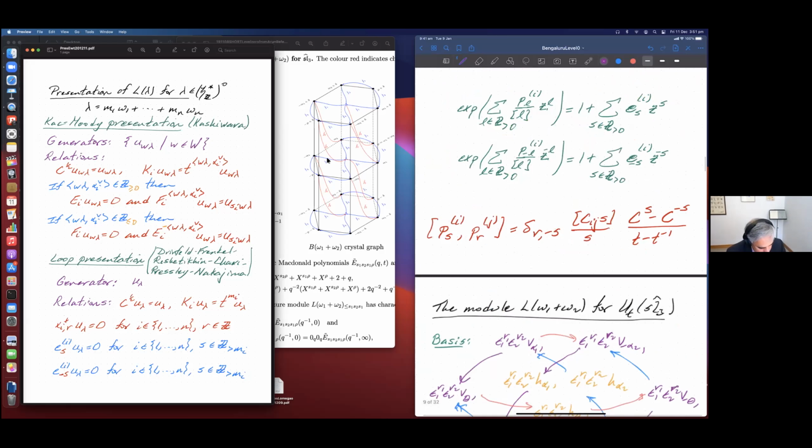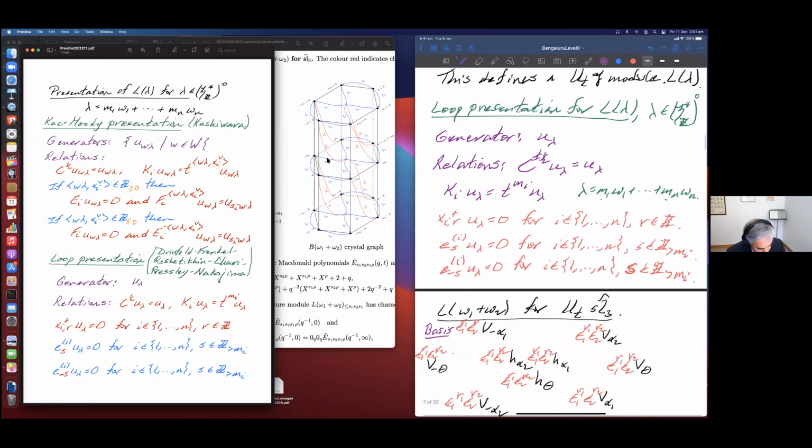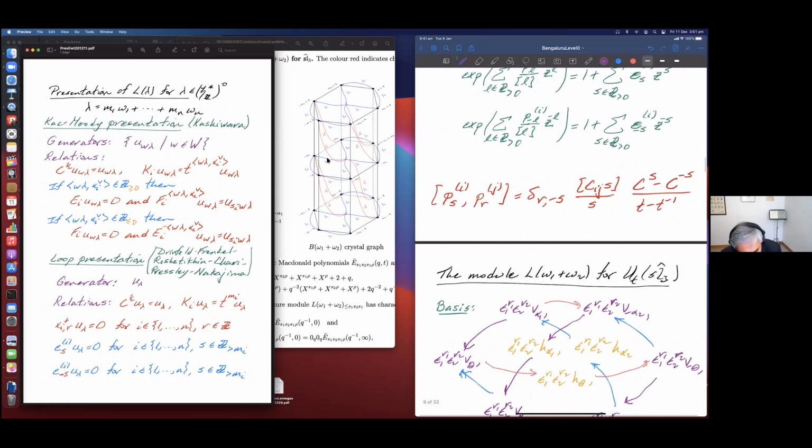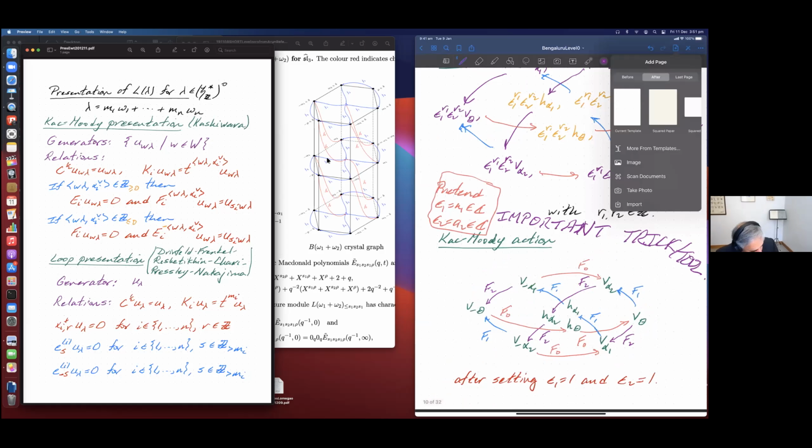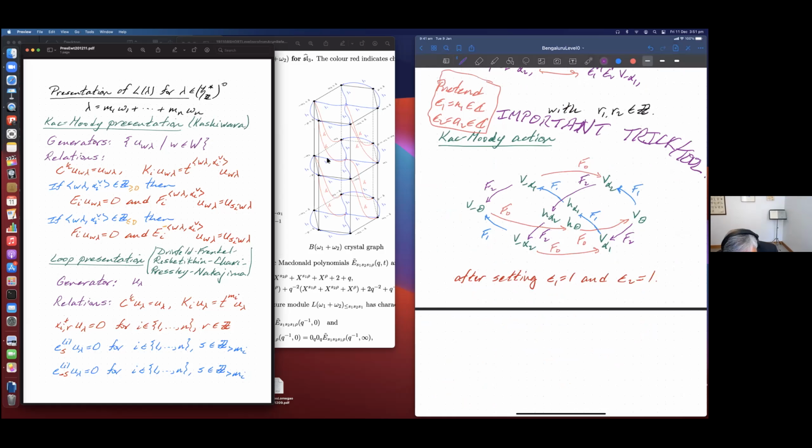Well, let me just write it down if I have room. Okay, so the way I like to say it is that the global Weyl module is the same as the extremal weight module.